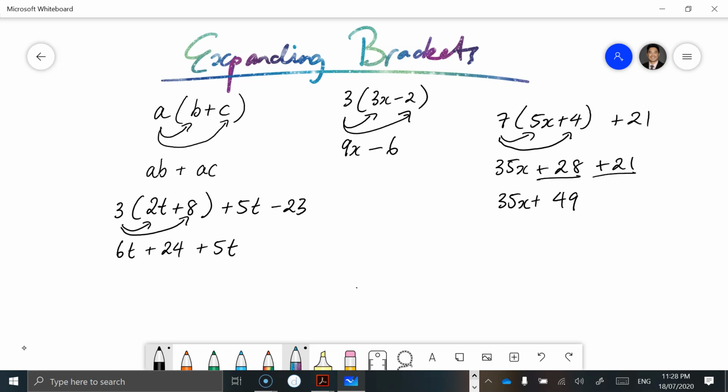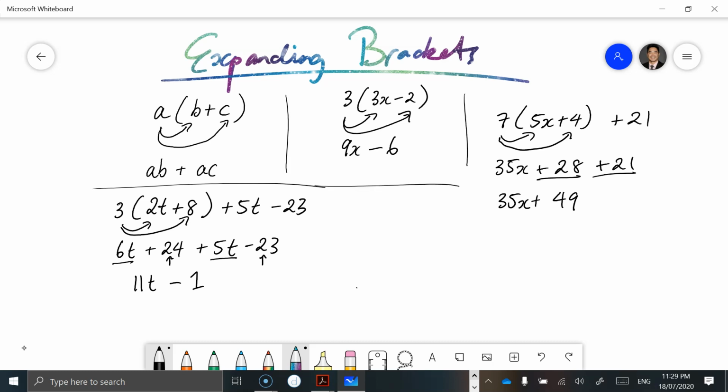Then we would rewrite everything and combine like terms. So we've got 6t plus 5t, which is 11t, and then we have 24 minus 23, which is 1. Okay, so I might just make some segmentations here so we don't lose track of things.